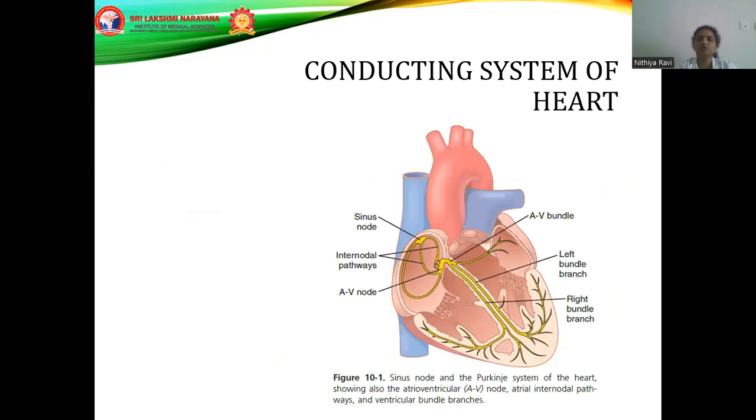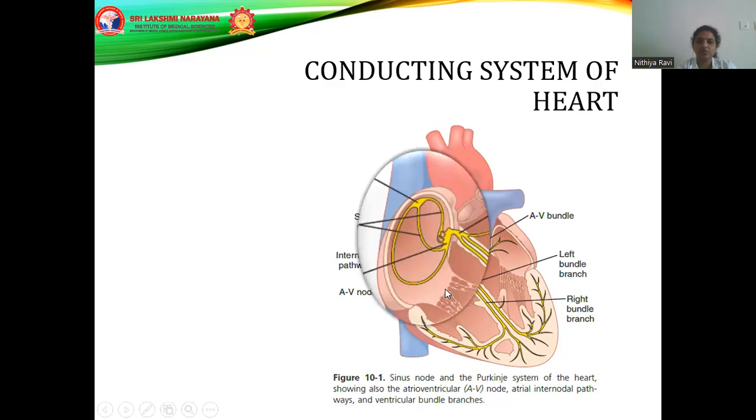Now looking into the conductive system of the heart, what are the components that you have to know here? You know that the impulse generation occurs at the SA node, the primary pacemaker. From the SA node, the impulse has to be carried on to the AV node. So how does this happen? This happens with the help of the tracts.